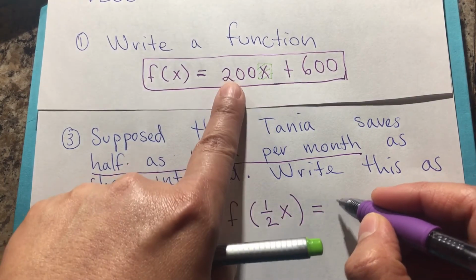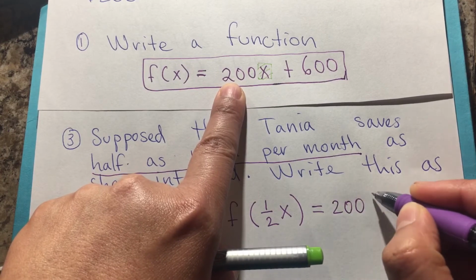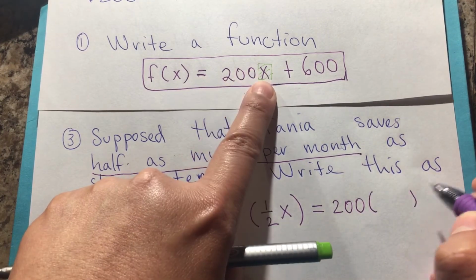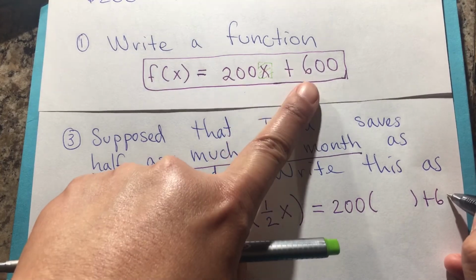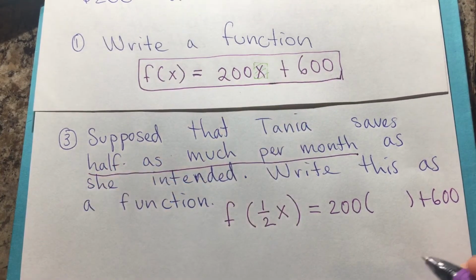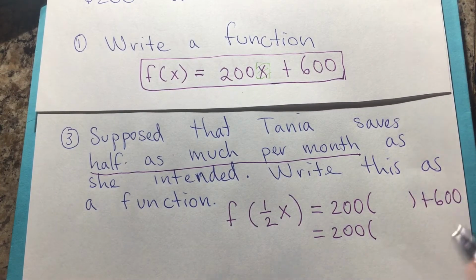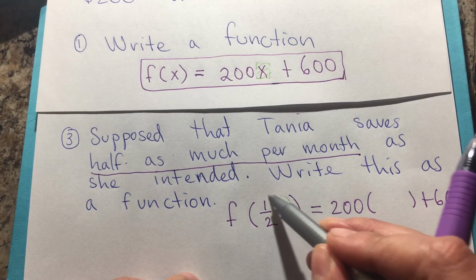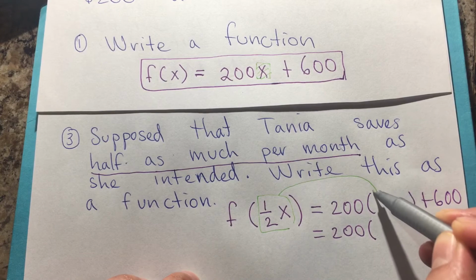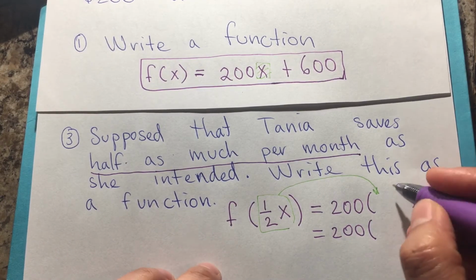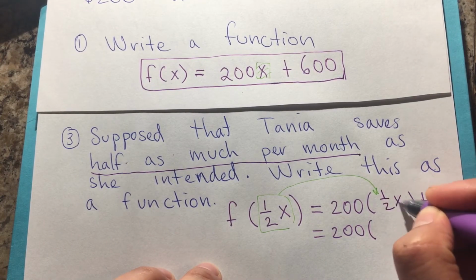Okay, so it's 200 parenthesis instead of the x, plus 600. The parenthesis again is going to be replaced in here, and so it's going to be 1/2 x.